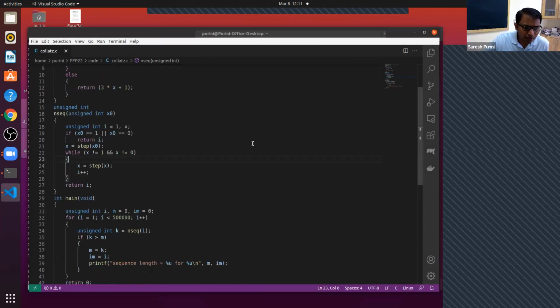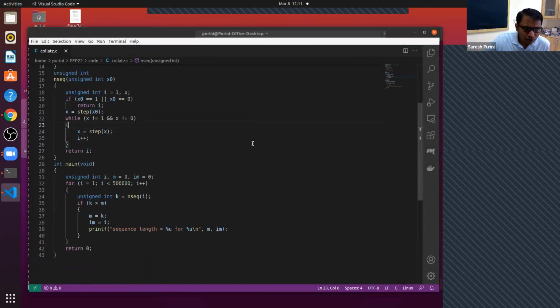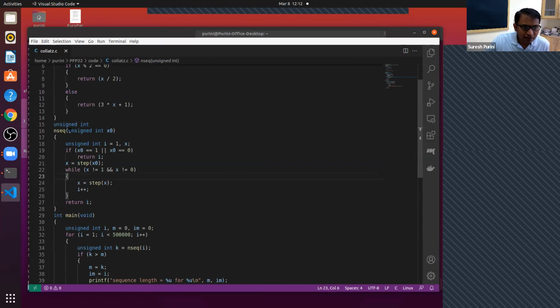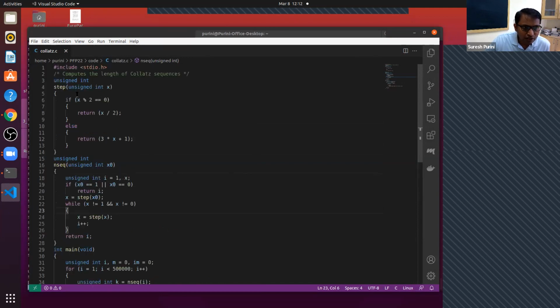Don't worry about it. All you need to see is, broadly speaking, the function main calls the function nseq 5 lakh times, and then this function nseq in turn calls the step function. This is how this program is structured.